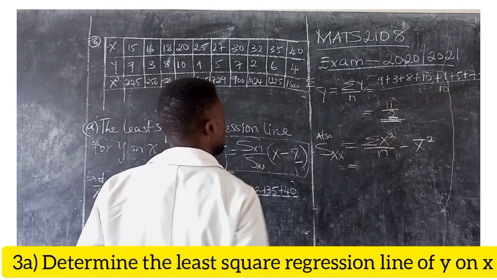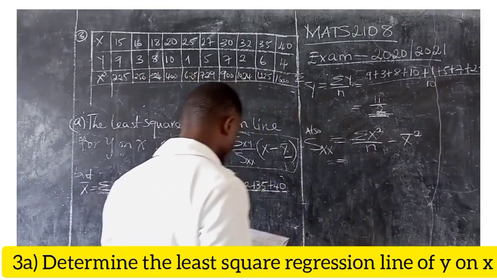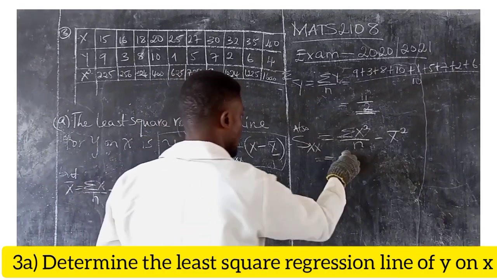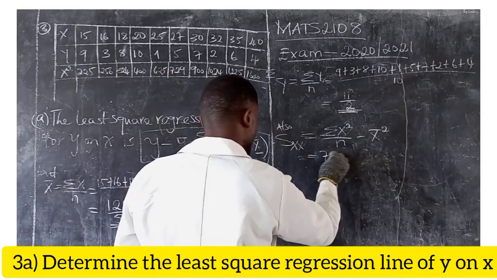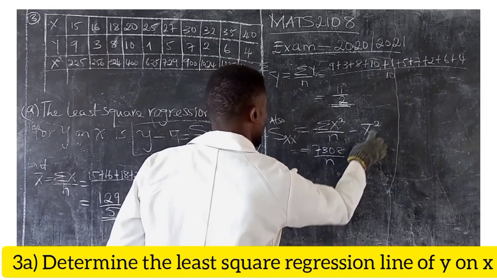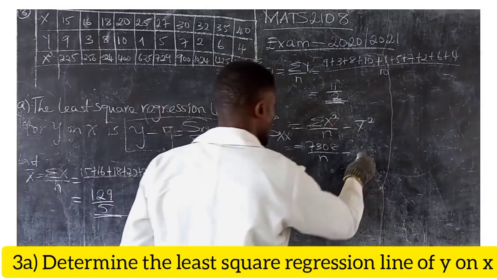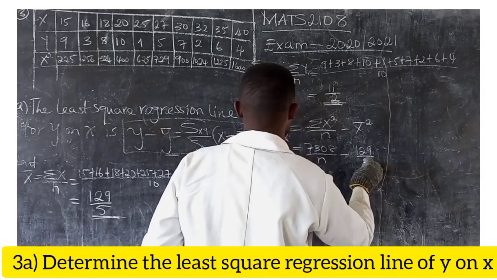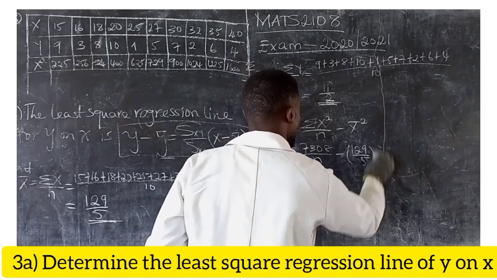And if we add everything, it gives us 7,308. All this divided by n, then minus x bar squared, which was 129 on 5 squared.